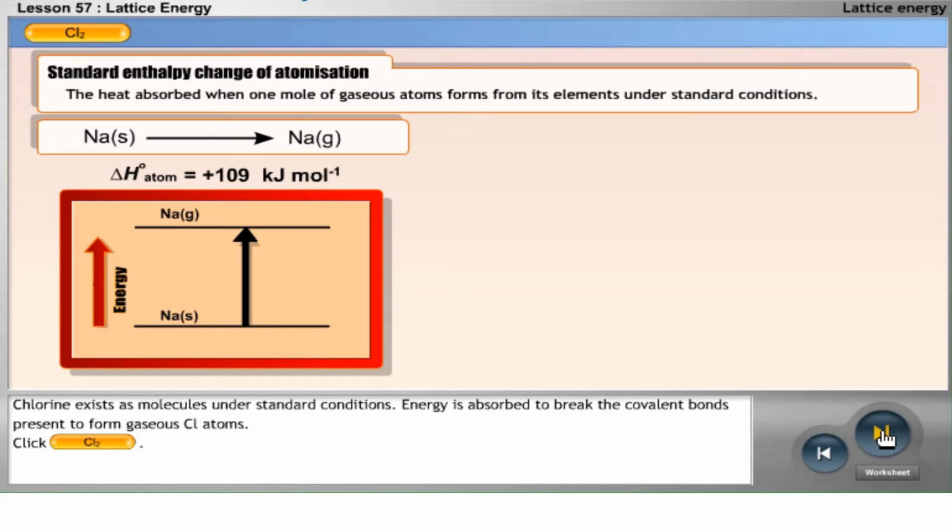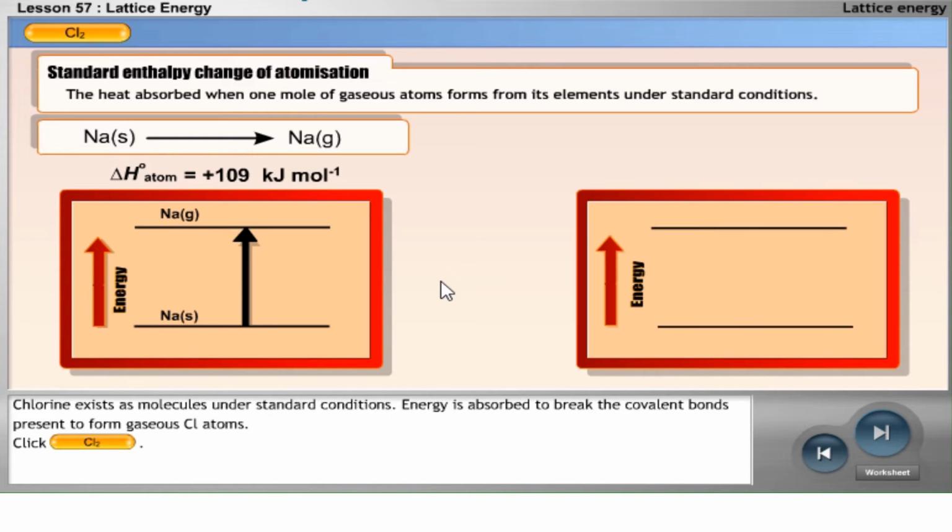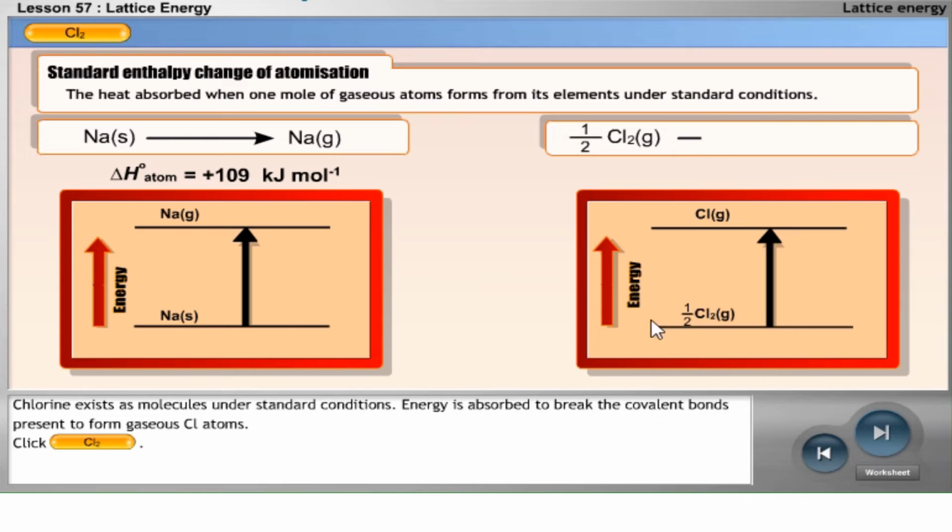Energy is absorbed to break the covalent bonds present to form gaseous chlorine atoms. Now look at the example of chlorine. It is also a positive value, which means it's also an endothermic reaction.